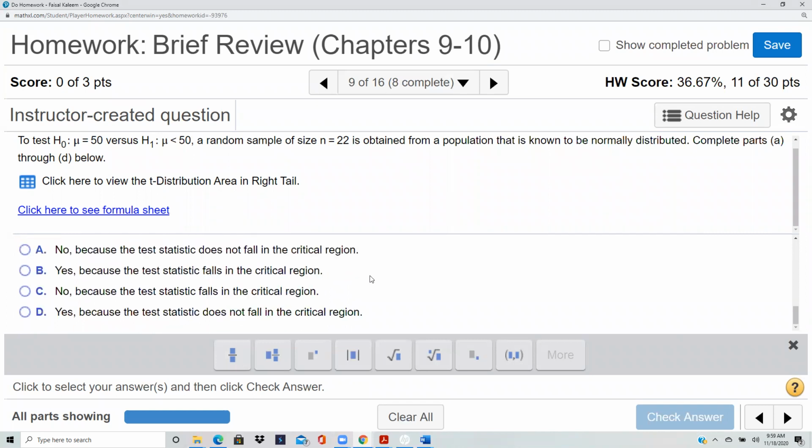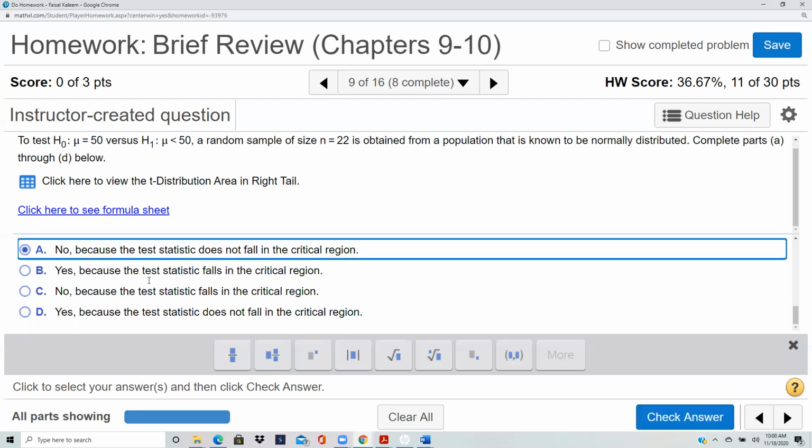So tell me, which one will it be? Would it be A? No, because it does not fall in the critical region, right? Because when you reject, then it falls in the critical region.